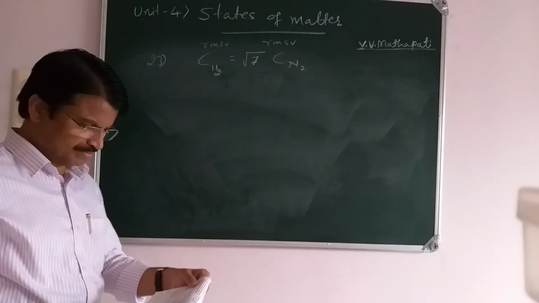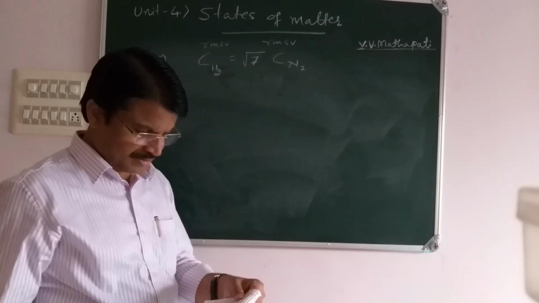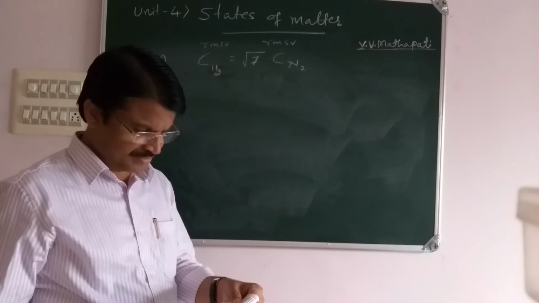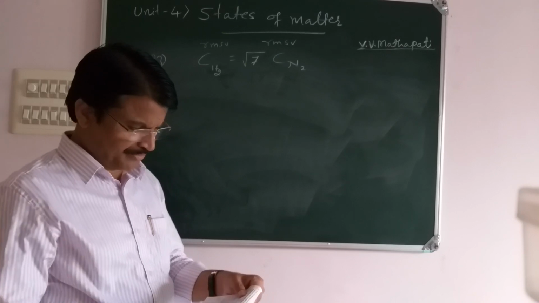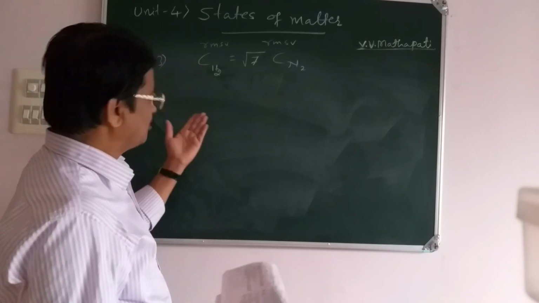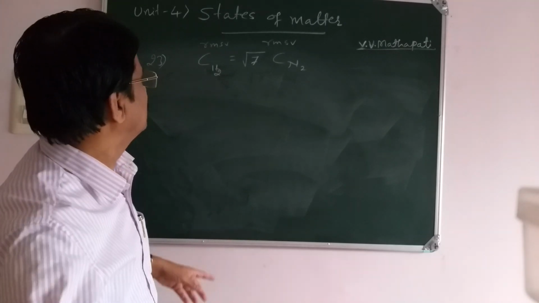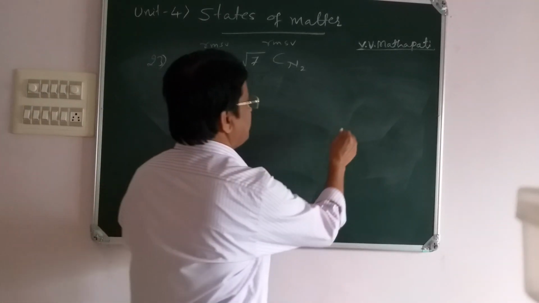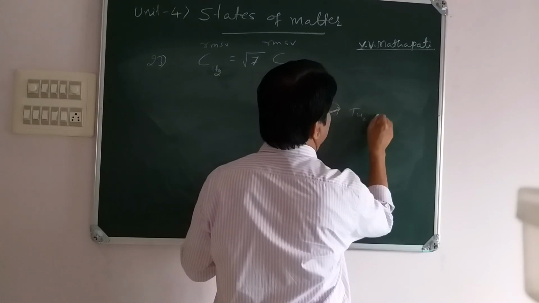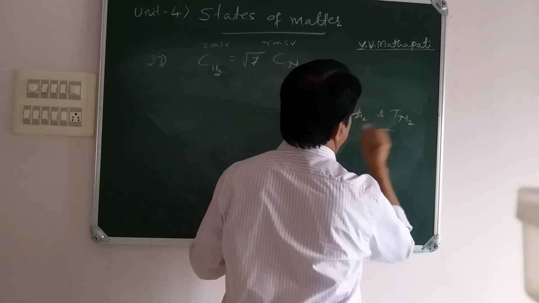This is given in the question, but they are asking, if T is the temperature of the gas, how are T of H2 and T of N2 related? In all the options they gave T of H2 and T of N2.